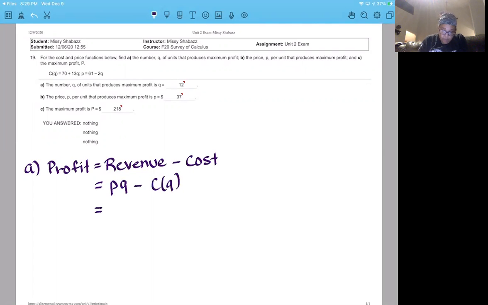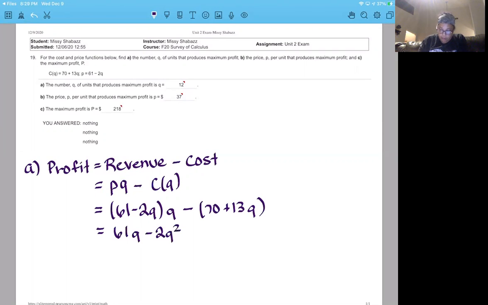So 61 minus 2Q times Q minus 70 plus 13Q. So I have 61Q minus 2Q squared minus 70 minus 13Q.